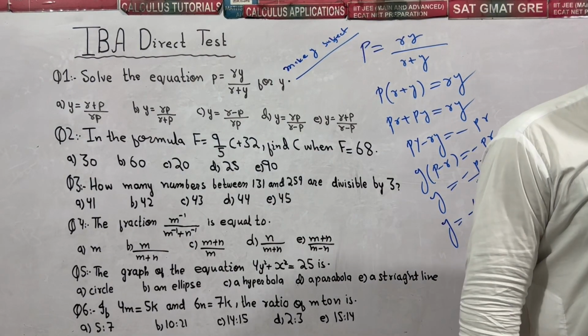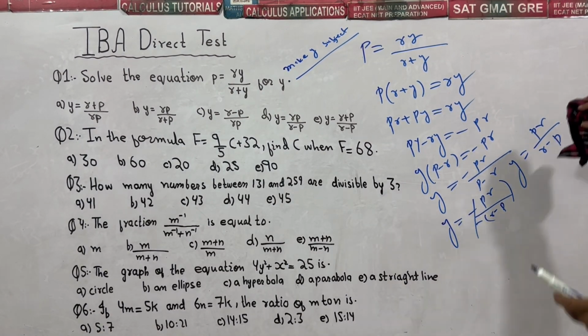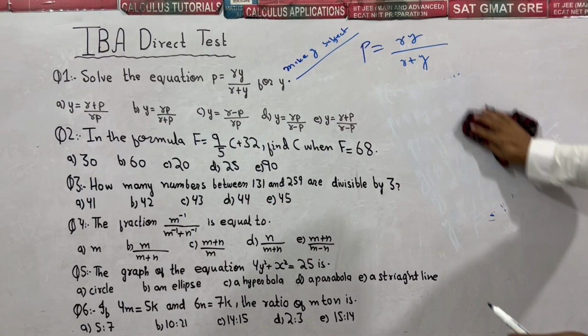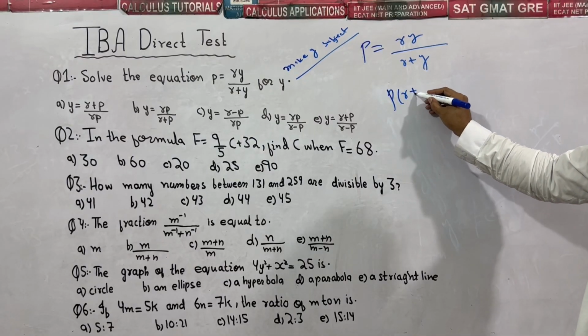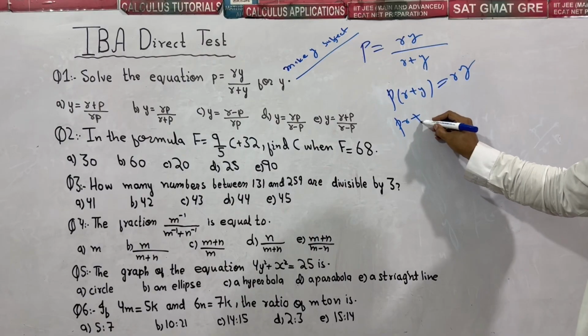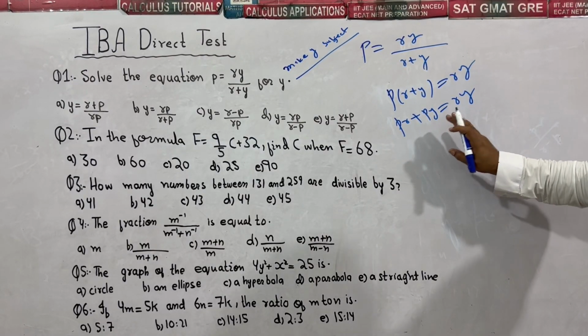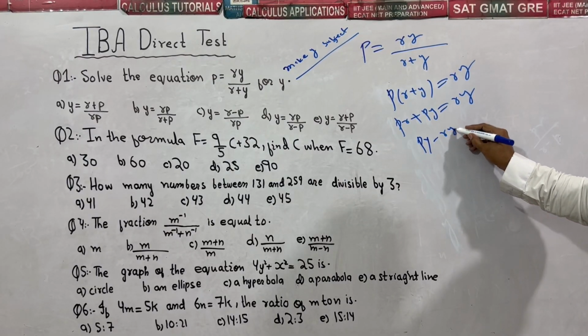Or one can take another approach here, a simple one. Here it can be written as p times (r plus y) is equal to ry. P times r plus py is equal to ry. Shift ry here, it will become py minus ry.